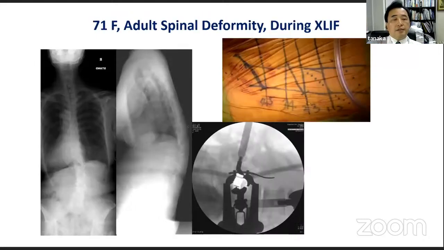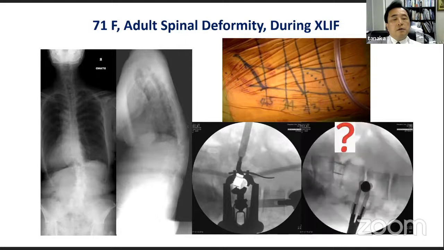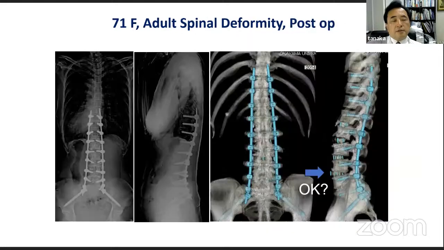Let me show our case. This is adult spinal deformity surgery. We put four cages from lateral. If you look at this image, the L4-5 cage is a little bit weird. This is a postoperative X-ray and CAT scan.